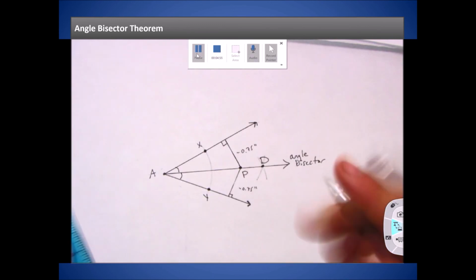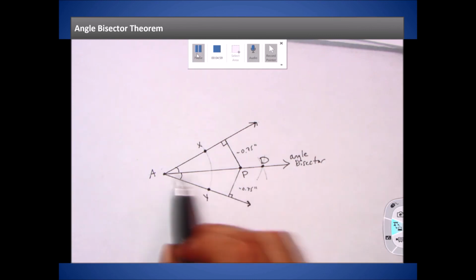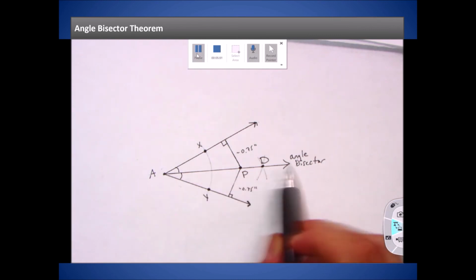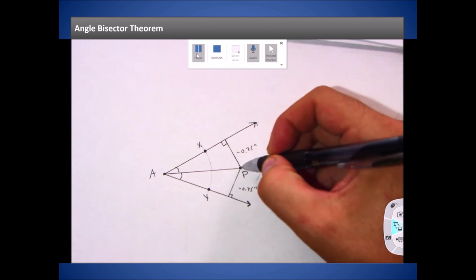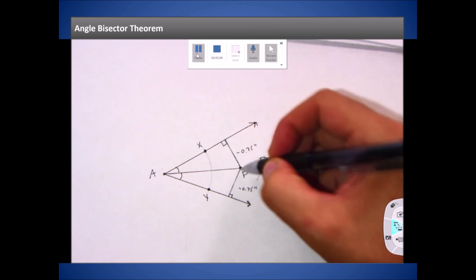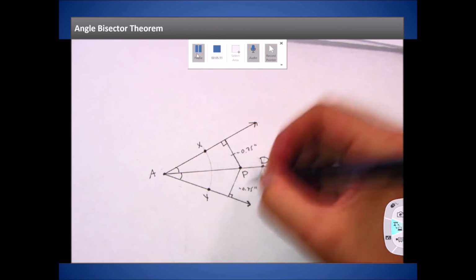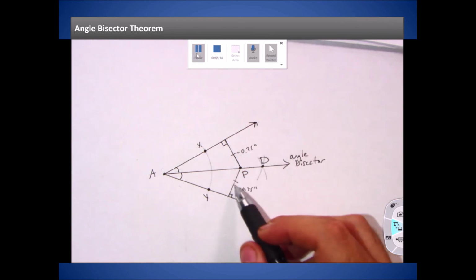All right, so the theorem that we're investigating here is, if we are on the angle bisector, then that must mean that the distance from that point on the bisector to each of the sides is going to be the same. All right, and that's the angle bisector theorem.